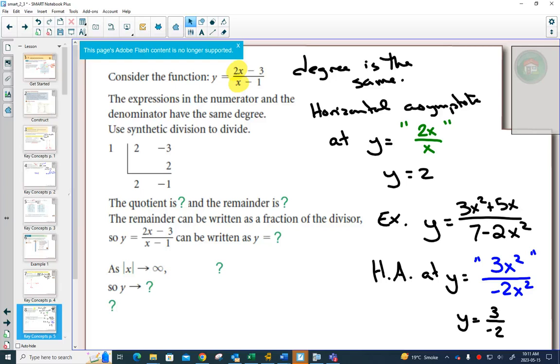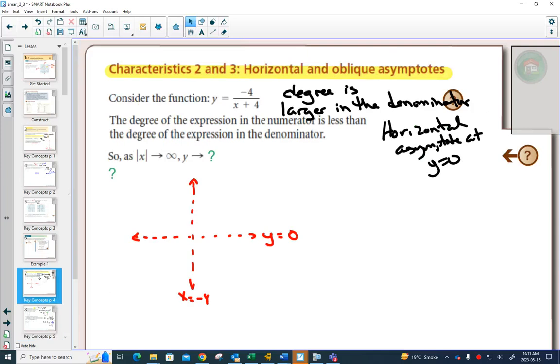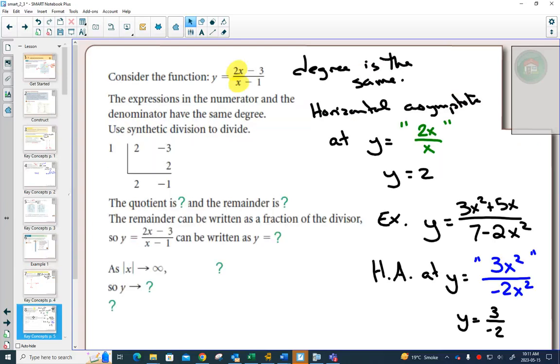So horizontal asymptotes. Type 1 is the degree is bigger in the bottom, then it's at y equals 0. Type 2 is when the degrees are the same, then you're just looking at the coefficients. So we had degree bigger on the bottom, degrees the same.